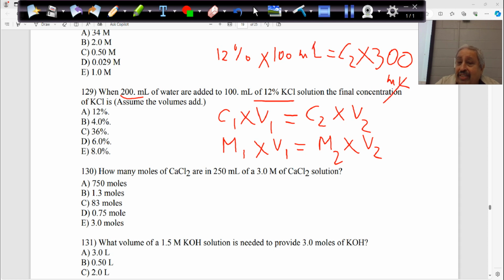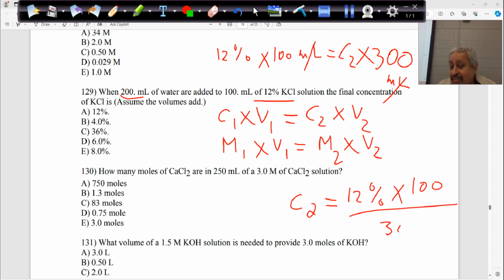The mLs with the mLs cancel out. C2 then will be 12% multiplied by 100 over 300. So we can expect it will be less, it will be diluted, not concentrated, it will not be 13% or 12%. It will be what? Less.